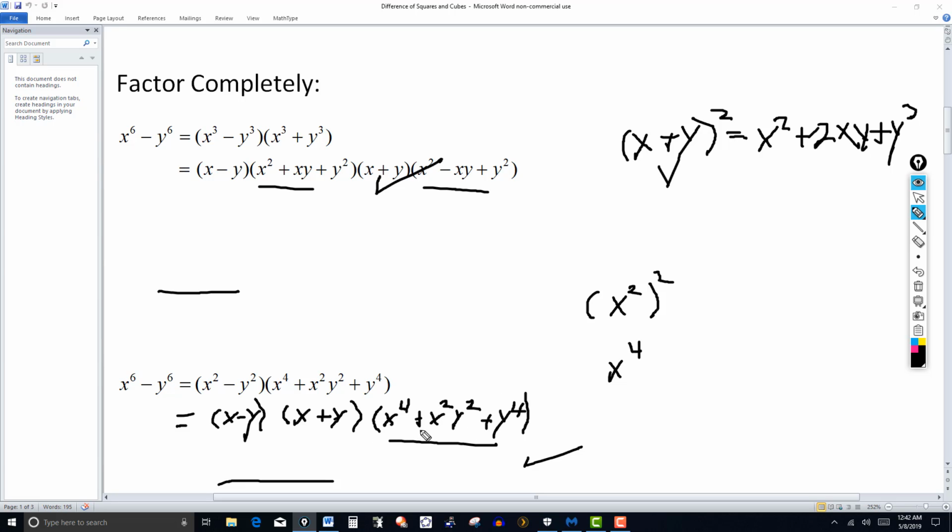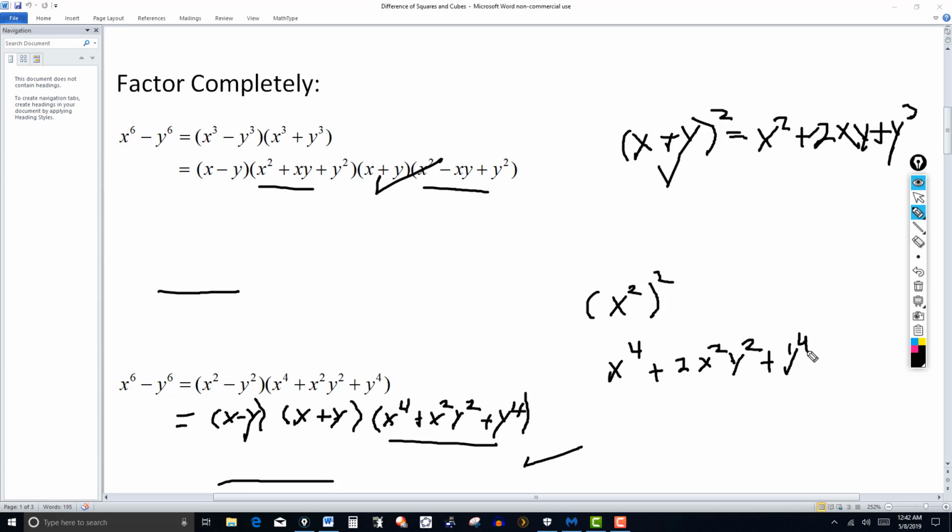Okay, so I'm taking this right here, and keep in mind, I'm working inside the parentheses here. So x to the fourth plus, and I'm going to add x squared y squared to this to make it 2x squared y squared, and then plus y to the fourth.